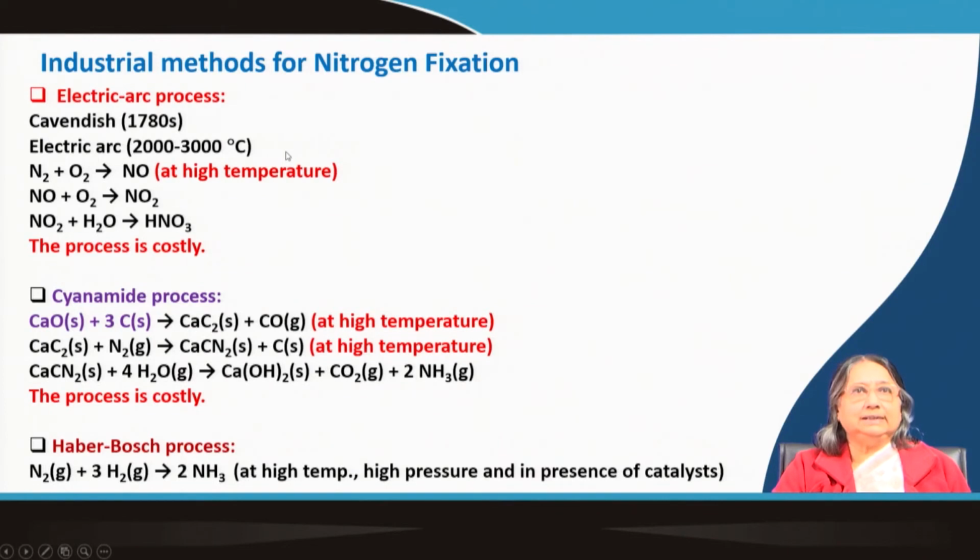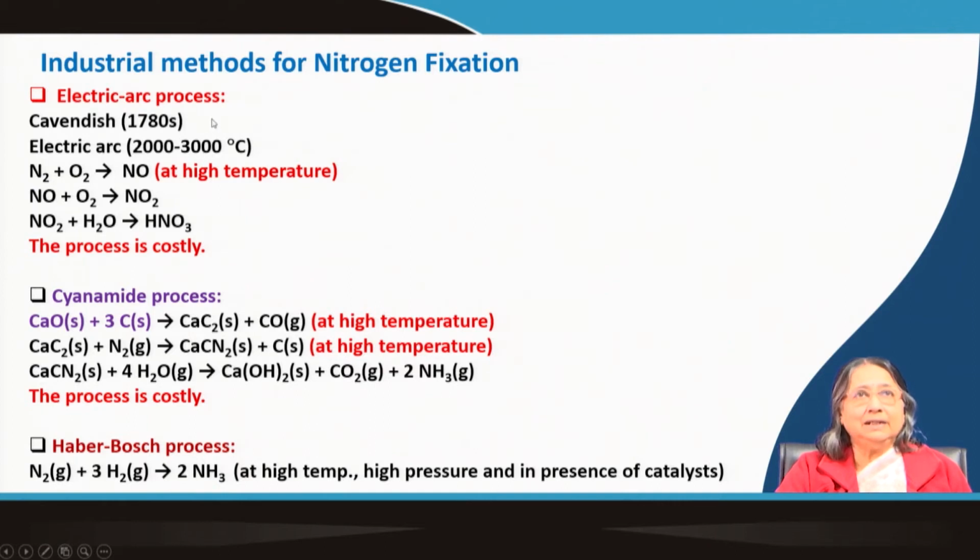Electric arc process. Cavendish first observed that when nitrogen and oxygen are mixed together and an electric arc is passed through that, the temperature generated is very high.